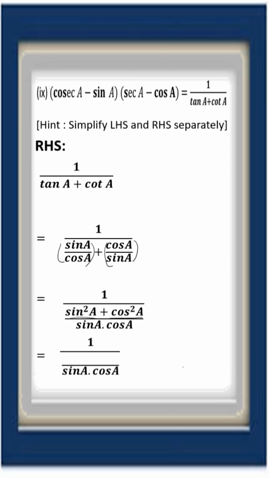So here instead of sin square A plus cos square A, let us write 1. Now we have to take the reciprocal of the denominator. What is it? Sin A into cos A. So this is equal to sin A into cos A. Let this be equation number 2. From 1 and 2, LHS is equal to RHS.